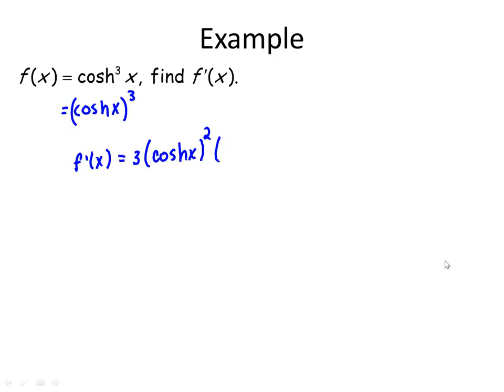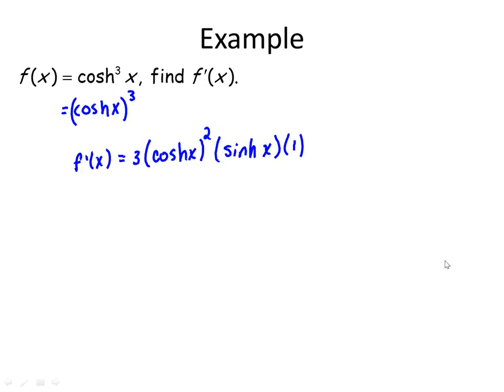What's the derivative of cos u? It's going to be sin u times the derivative of u. But what is u this time? U is x, so we don't really have to worry about it. I'll write it in there just so you know. But the derivative of cos u is going to be negative sin u du. But the fact that u is x this time doesn't really matter.